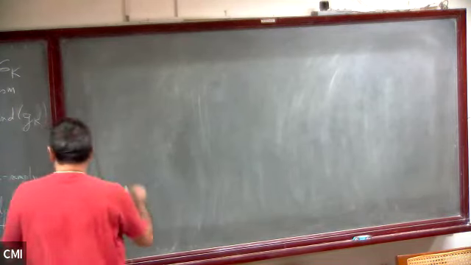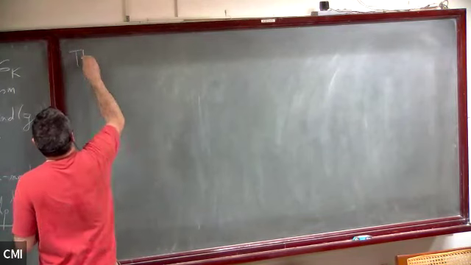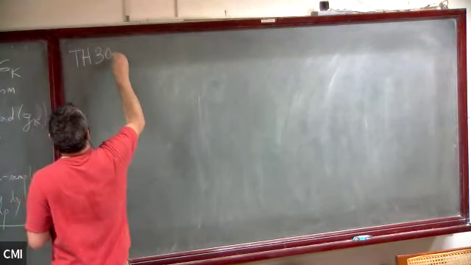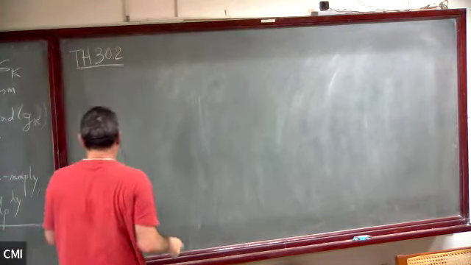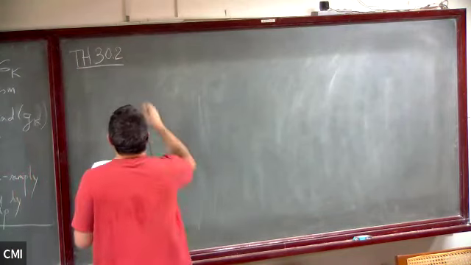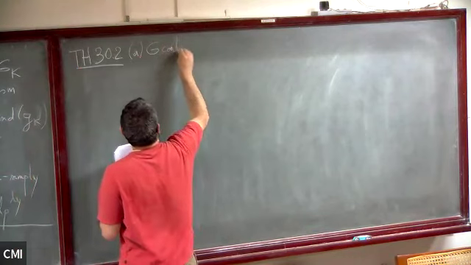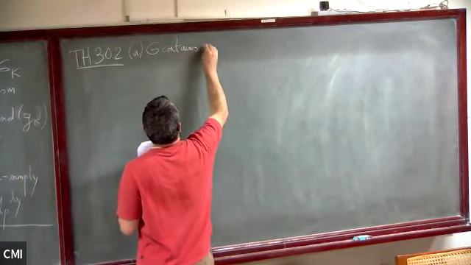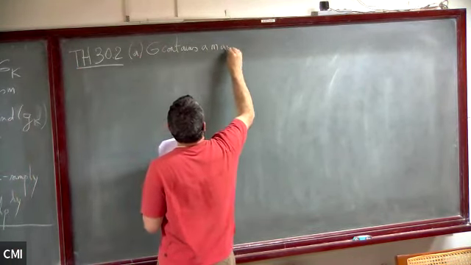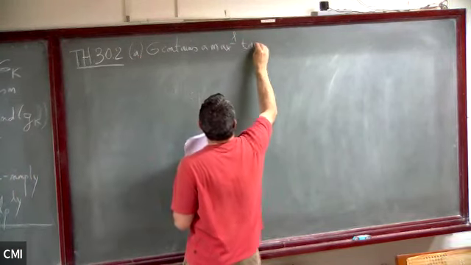Yeah, exactly. And now we have the theorem. So the first assertion is that G contains a maximal torus.